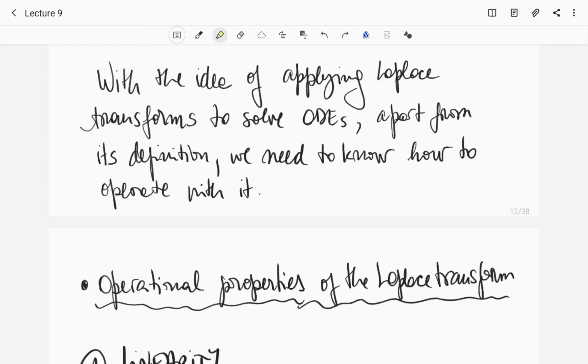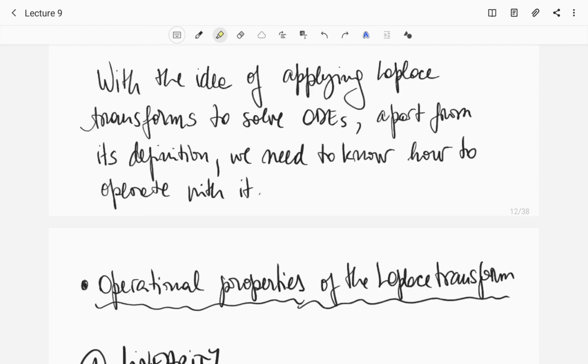But just for you to keep in mind, the process is quite similar, just that the mathematical tool that we are using is different. So we have a different definition and we have different properties, but the idea is exactly the same.